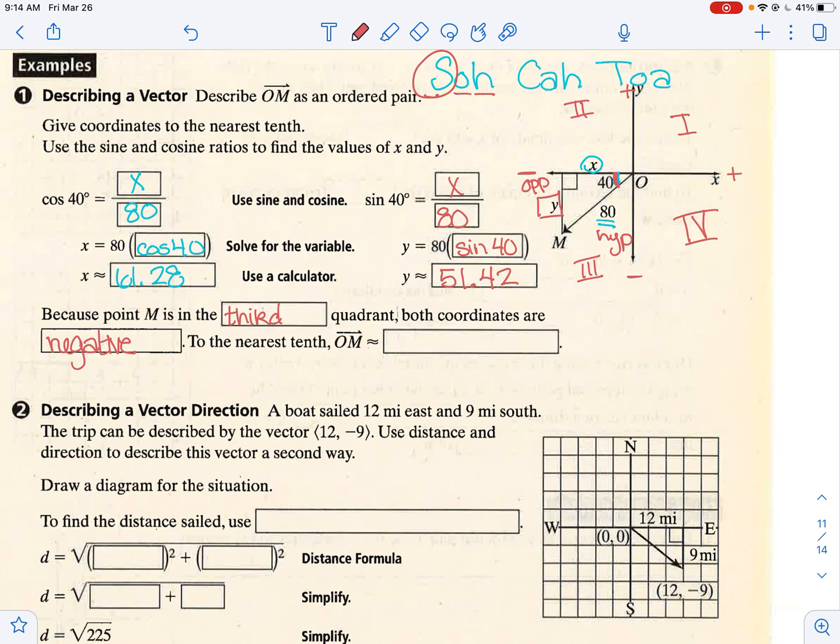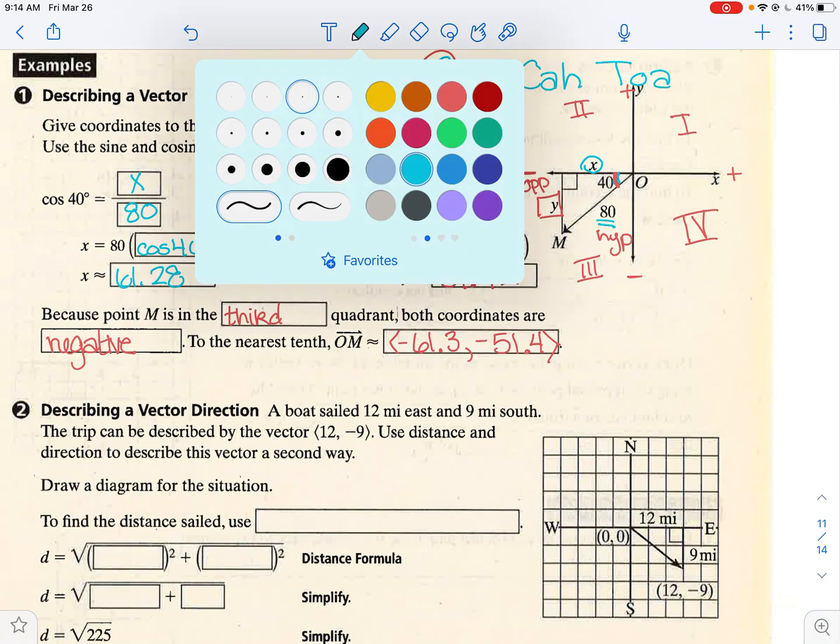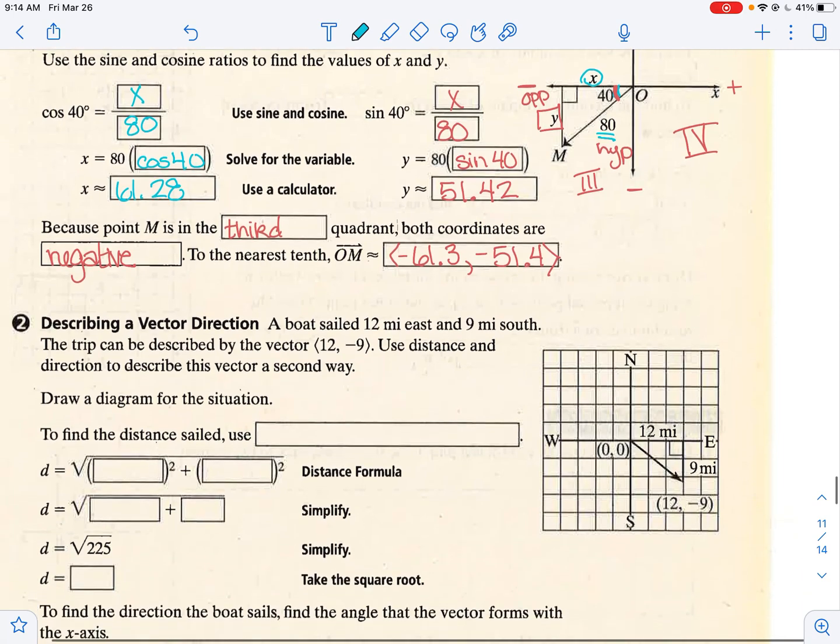So to the nearest tenth, OM is ⟨-61.3, -51.4⟩ with our angle brackets. Okay, so that's example 1.